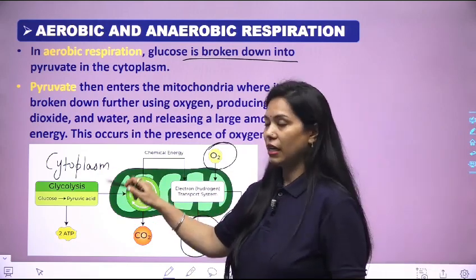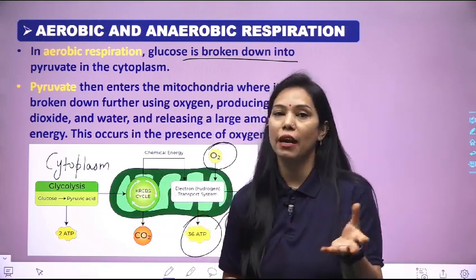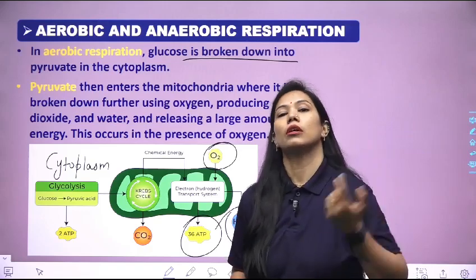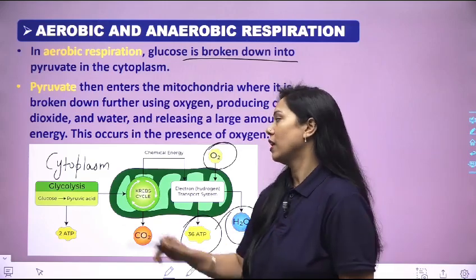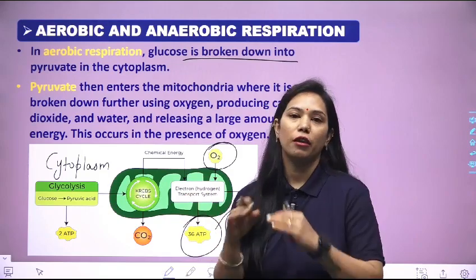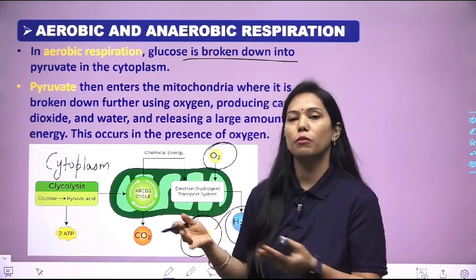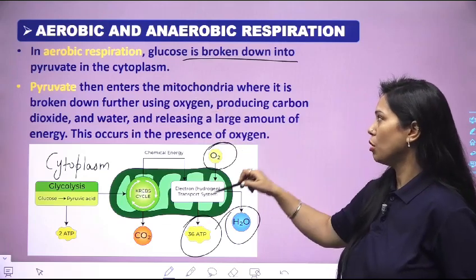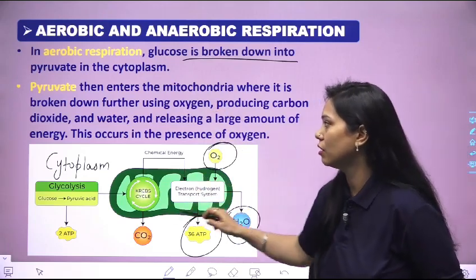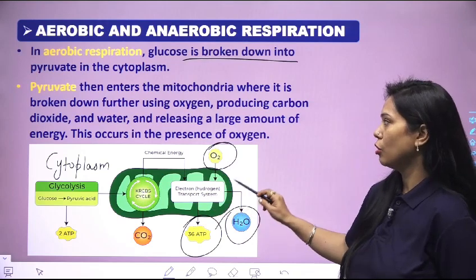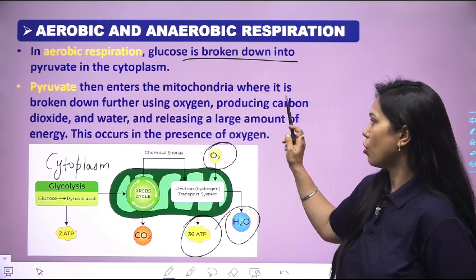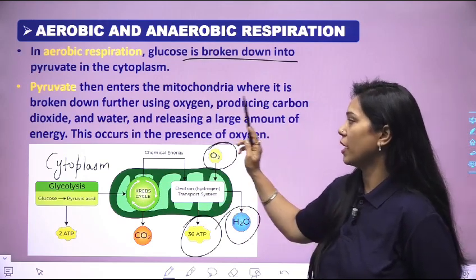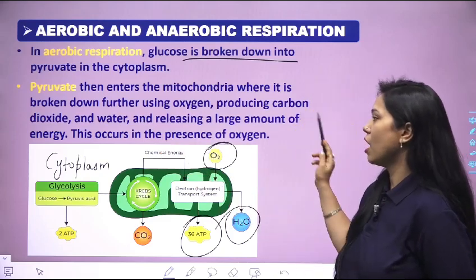After this, if pyruvate gets oxygen, gets the air, then it goes into the mitochondria. If it does not get the air, then the fermentation process occurs. So pyruvate enters the mitochondria, where it is broken down using oxygen, producing carbon dioxide and water and releasing a large amount of energy.